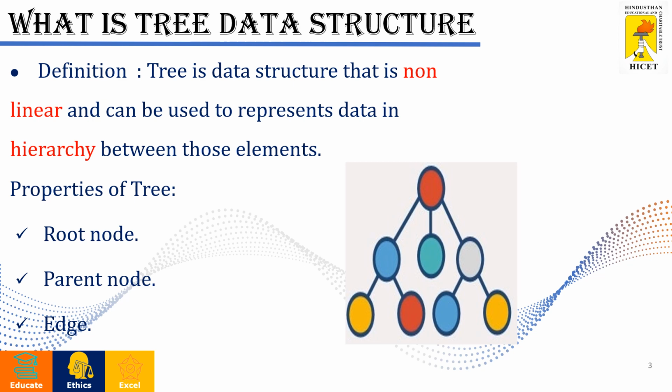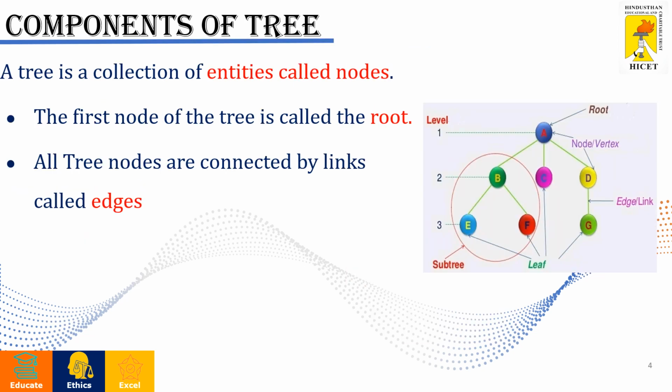Okay, the next one is components of tree. We can tell a tree is a collection of entities, and these entities are called nodes, and these nodes are connected by edges.